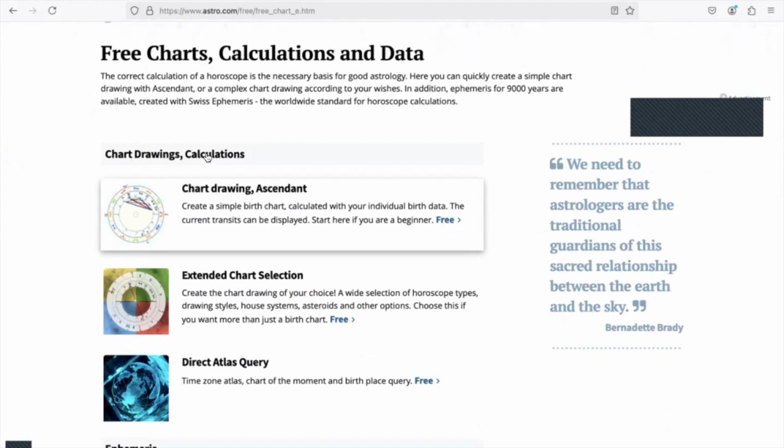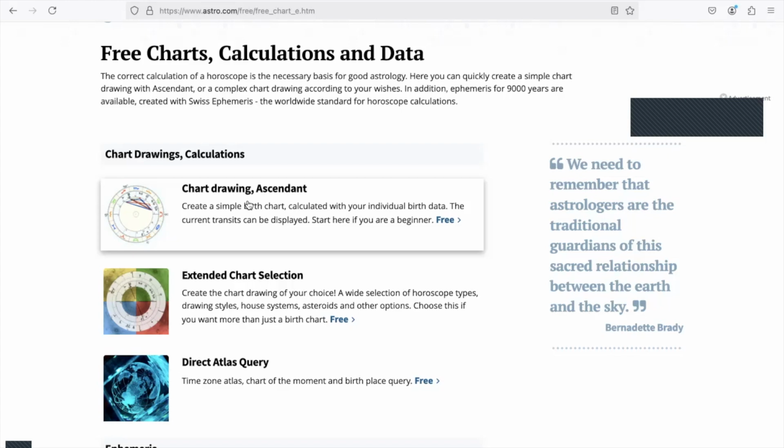For beginners, you're going to select chart drawing. And then it's going to ask you for that information I said you're going to need at the beginning of this course. So it's going to ask you for your birth chart information. So the location of your birth, your name, the time of your birth, the day of your birth. Okay, location, time, day. You're going to need those.